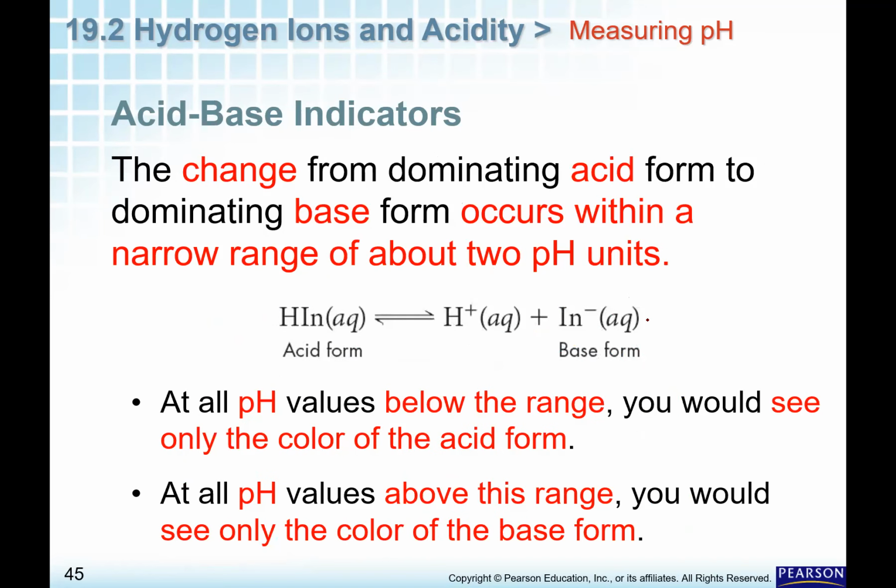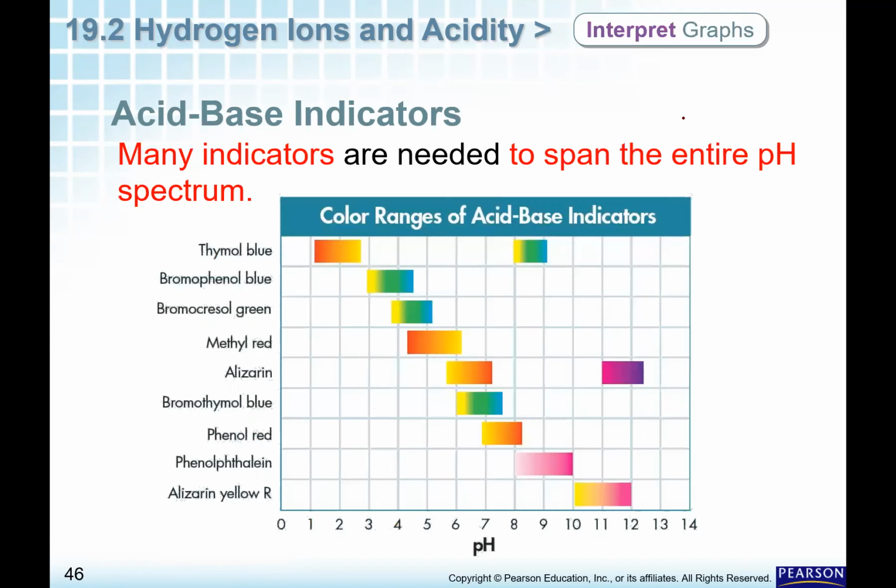The change from the dominating acid form to the dominating base form occurs over a narrow pH range. In other words, for each indicator we have a range of pH where the color is changing. For example, phenolphthalein, the very famous one, changes from colorless in the acidic form to purple in the basic form.